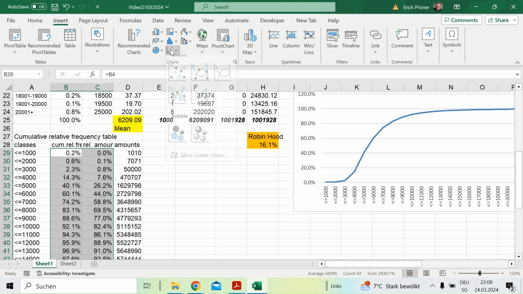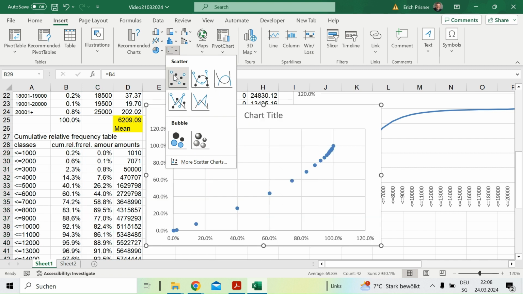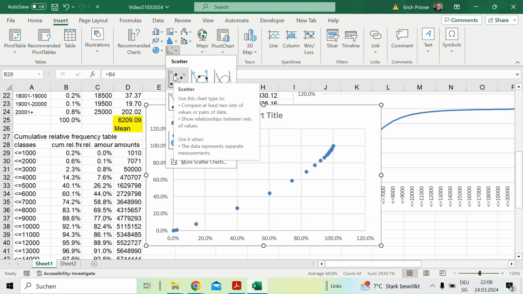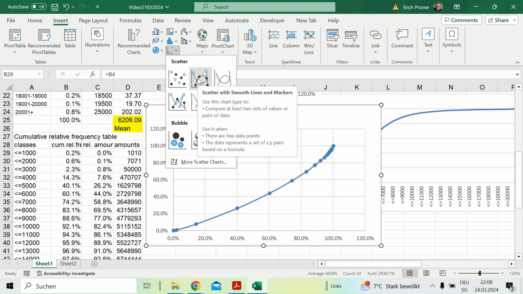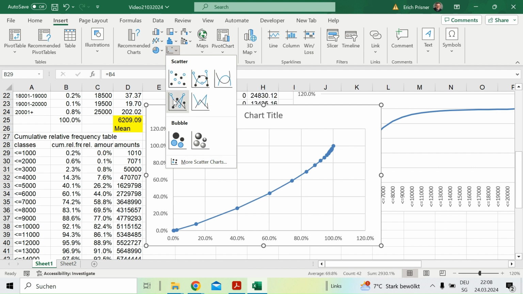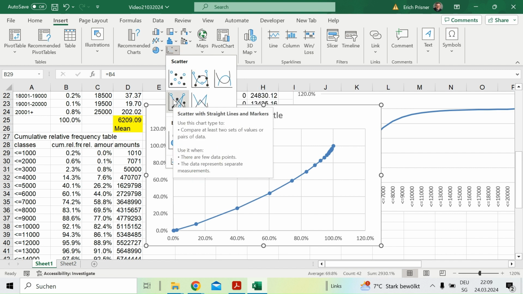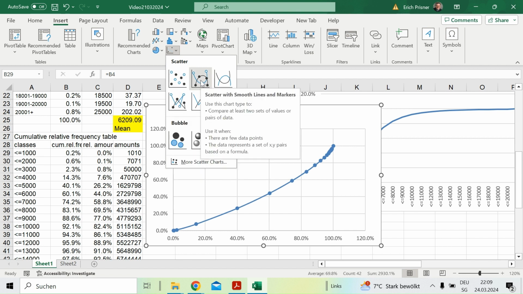And if I click on this one, you see I have different options: just the points, or the points connected by a curved line, which actually looks rather nice, or the points connected by straight lines.